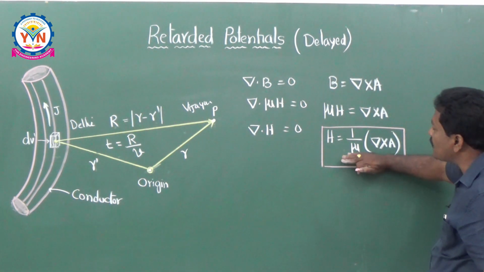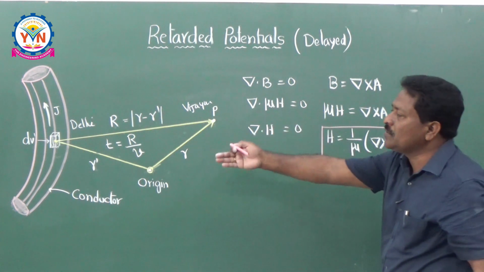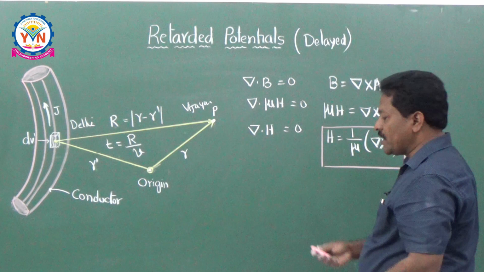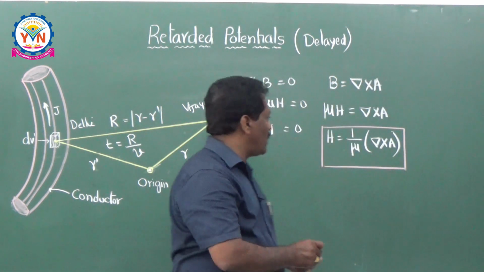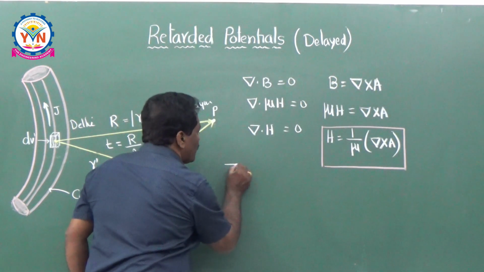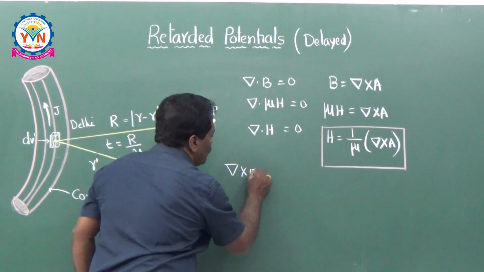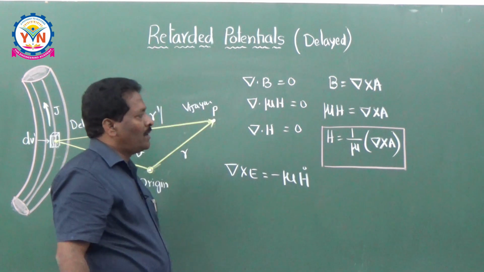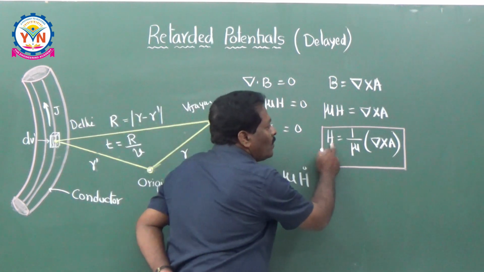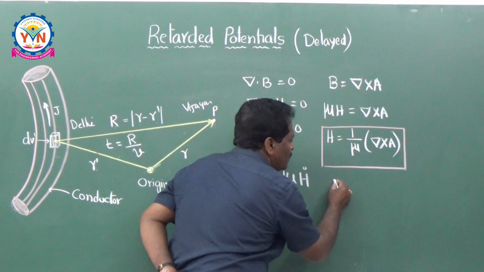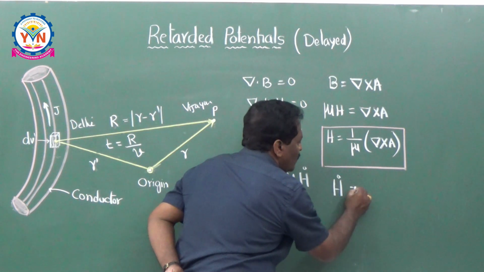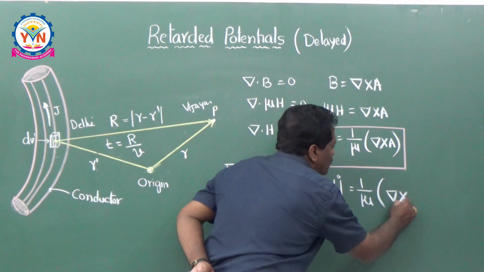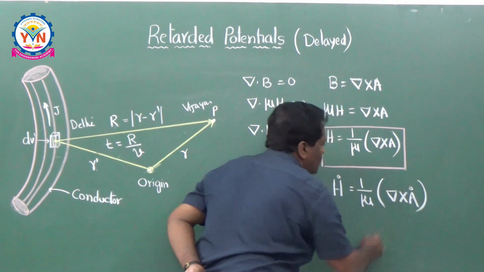Now I would like to substitute this equation into our second equation, del cross E is equal to minus mu H dot. So from this equation I can write H dot is equal to 1 by mu into del cross of A dot, because A should have partial differentiation.